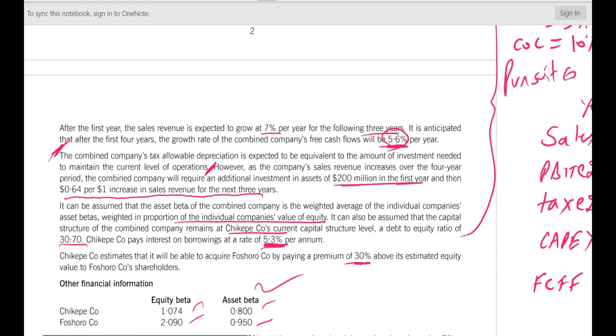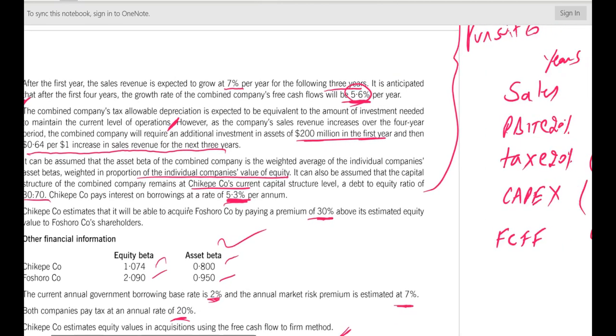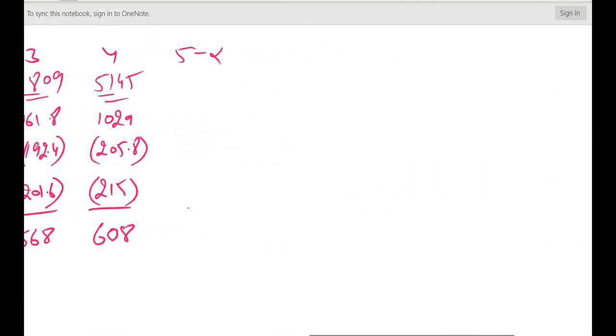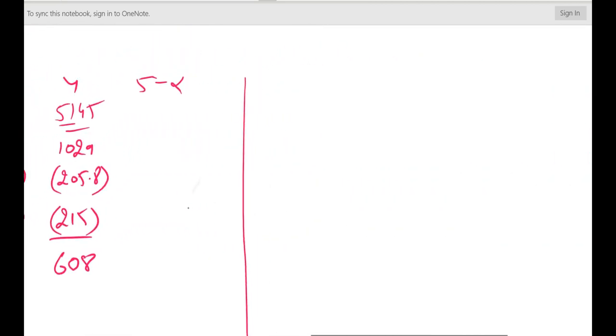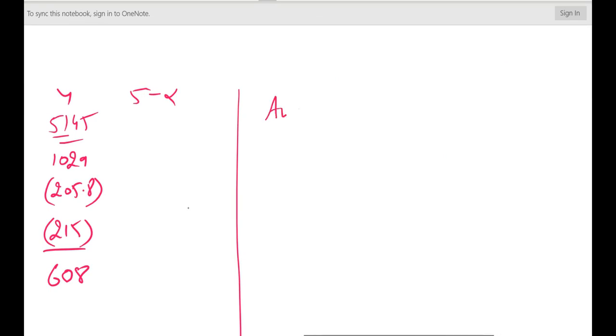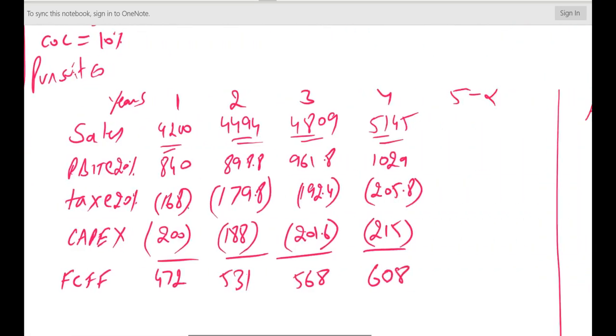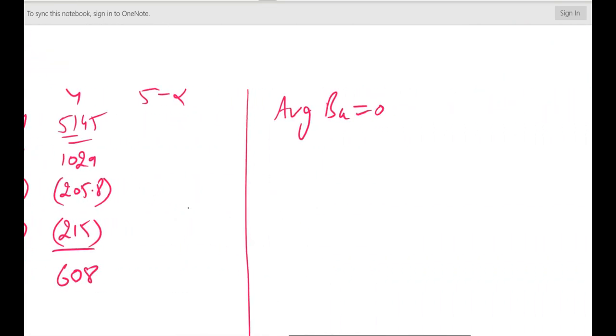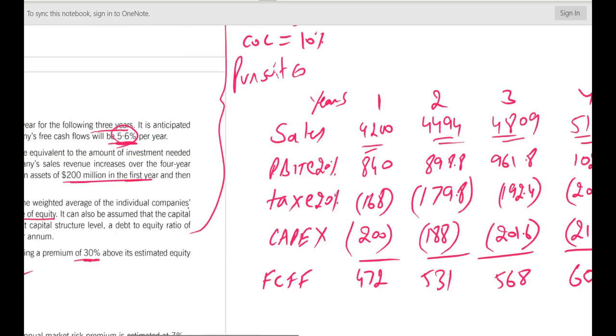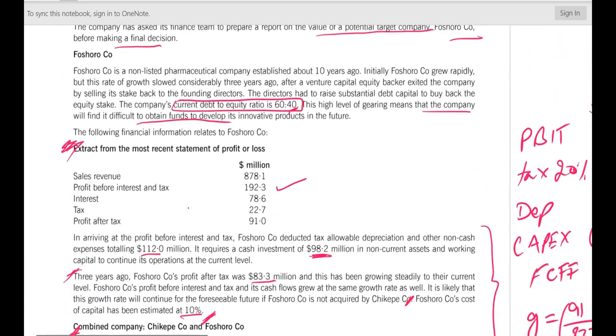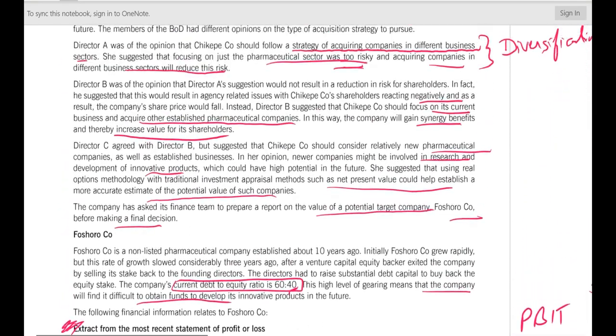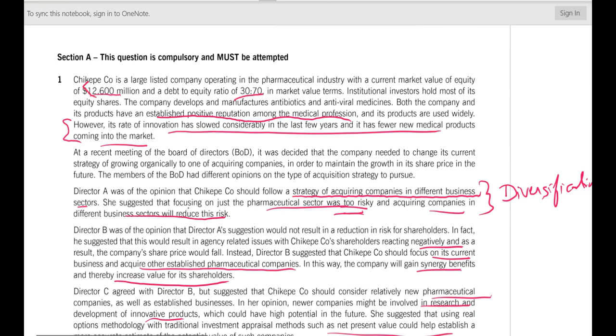Okay, let's calculate the WACC first. Asset beta is 0.8 and 0.95. So average beta: the acquirer beta is 0.8 and its value was 12,600, if I am not wrong, it was given in the question.